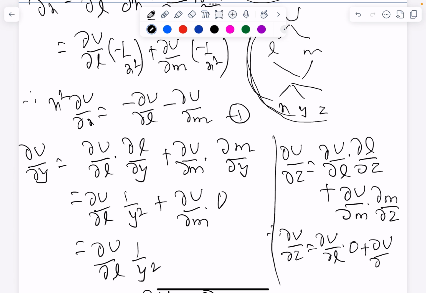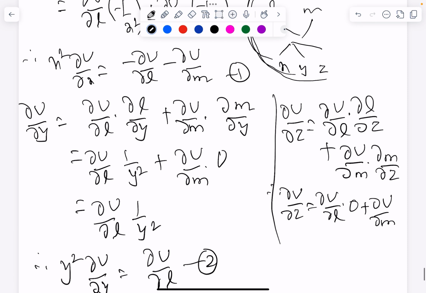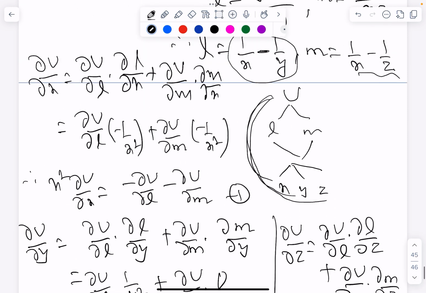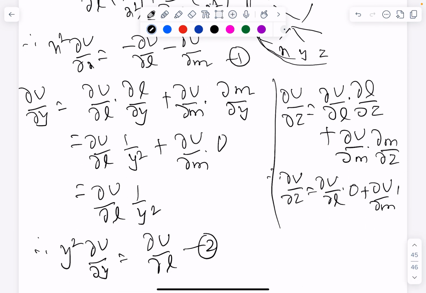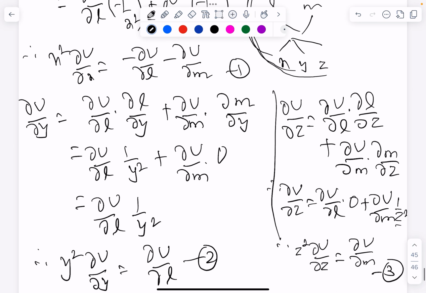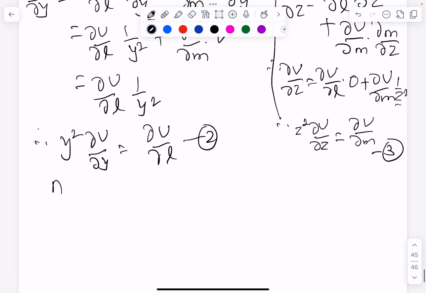Del u by del M, and del M by del z is minus 1 over z, its derivative is 1 over z square. And so z square del u by del z equal to del u by del M. That is 3.